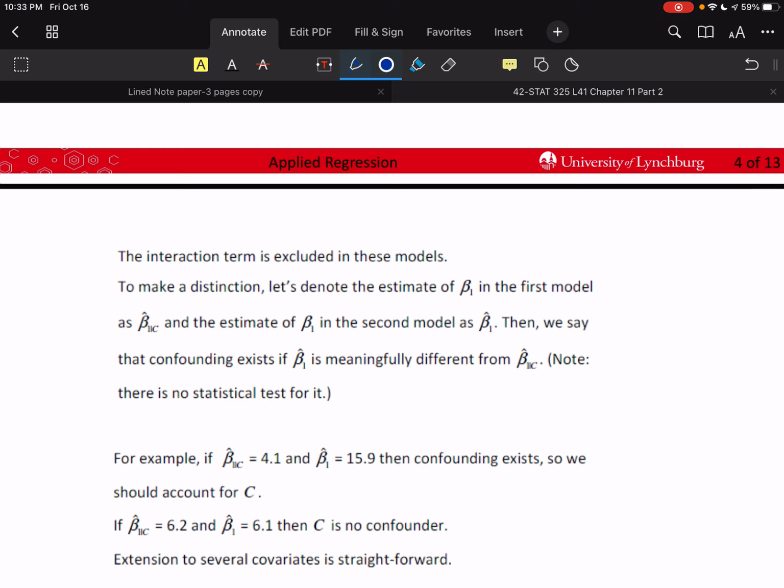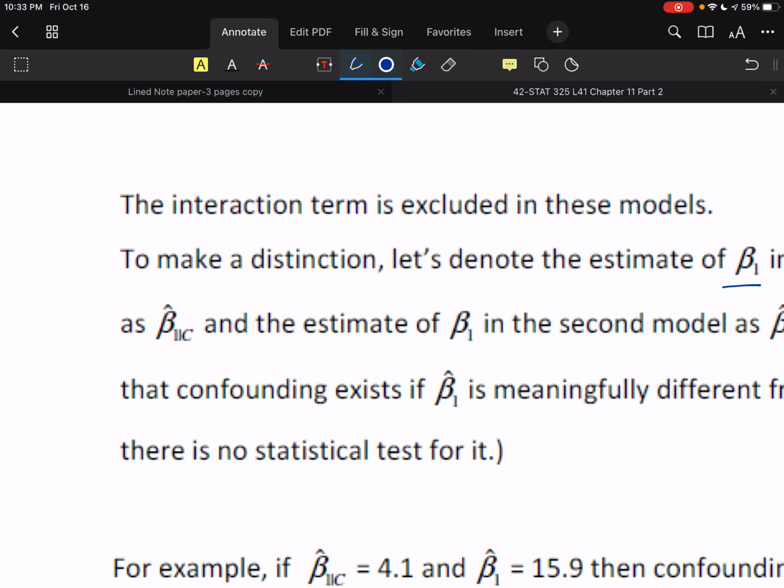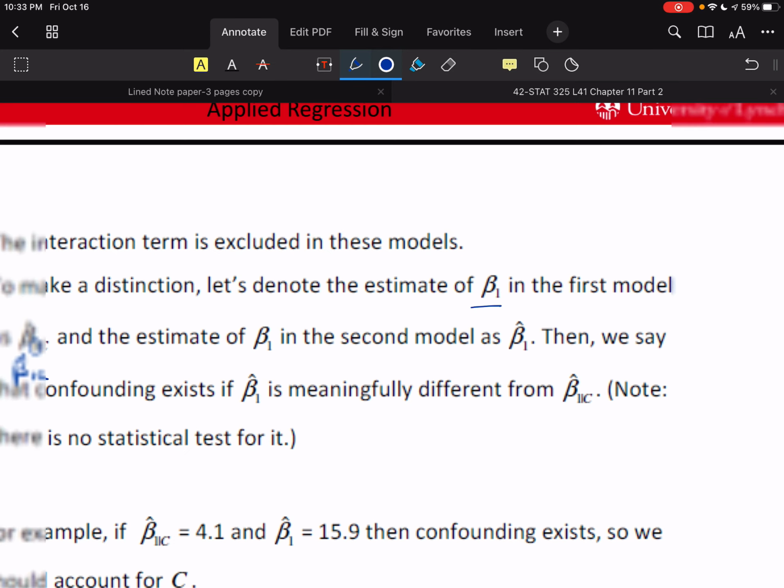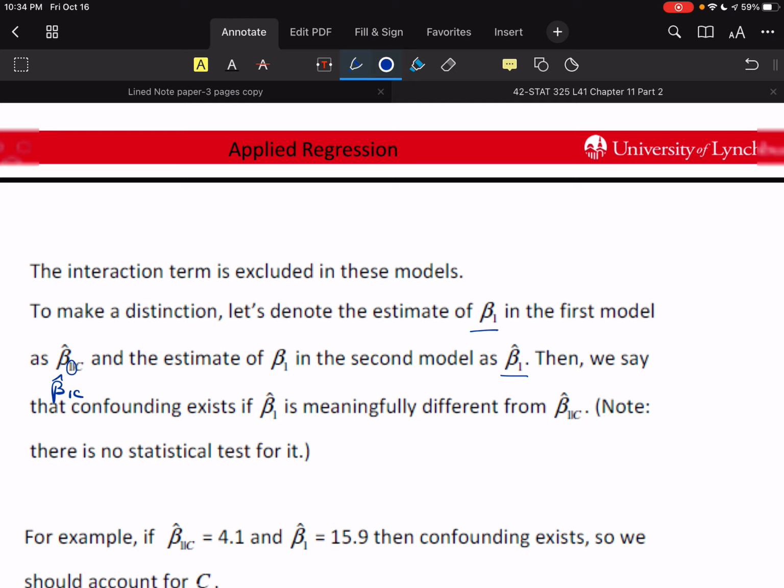We're going to denote the estimate of beta 1 in the first model as beta 1C hat, and the estimate in the second model as beta 1 hat.